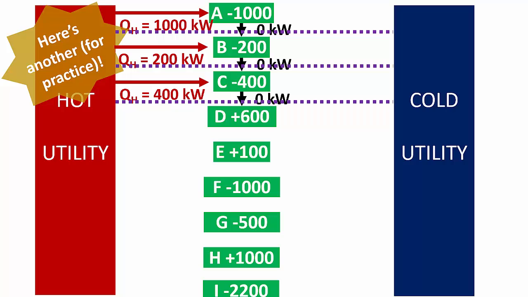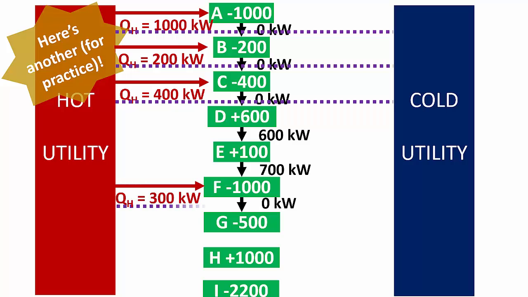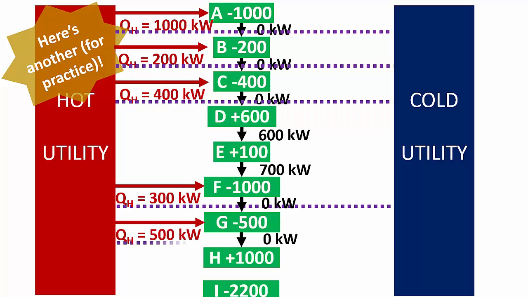However, block D does have heat to send to block E, 600 kilowatts. Block E combines with the 600 kilowatts to send 700 kilowatts to block F. Block F requires 1,000 kilowatts. So we need to supplement this with 300 kilowatts of heat. This is now our fourth pinch point. We have no heat to send between F and G. And G requires heat, 500 kilowatts, so we send 500 kilowatts to block G, and then we have our fifth pinch point.